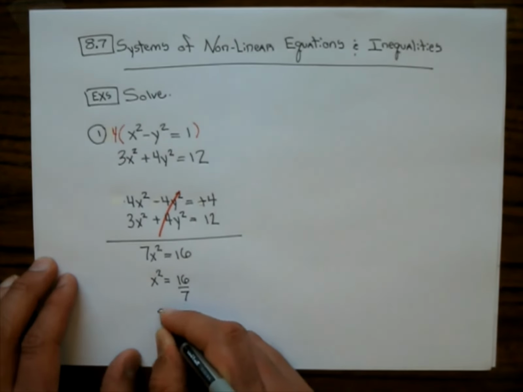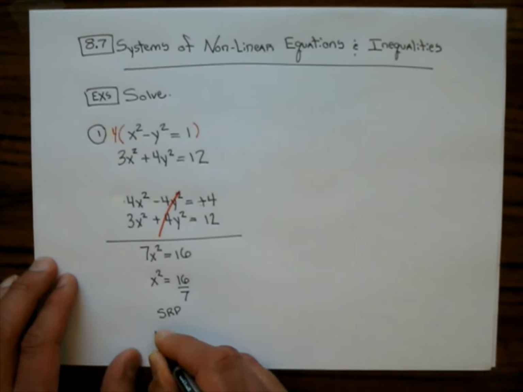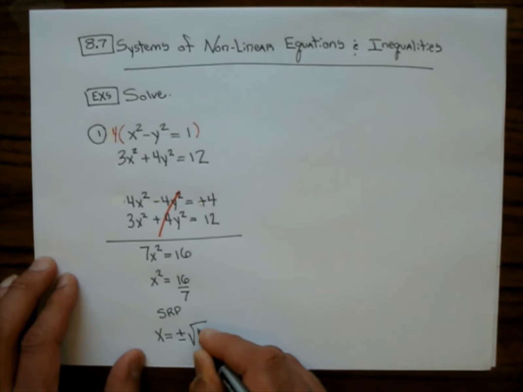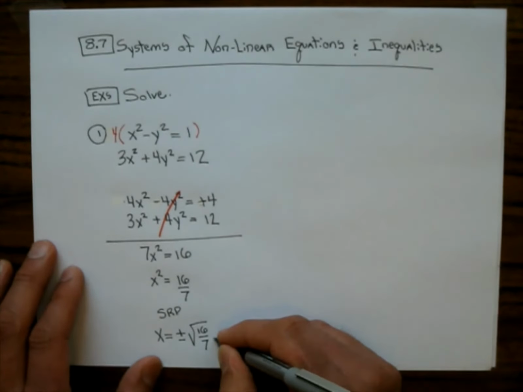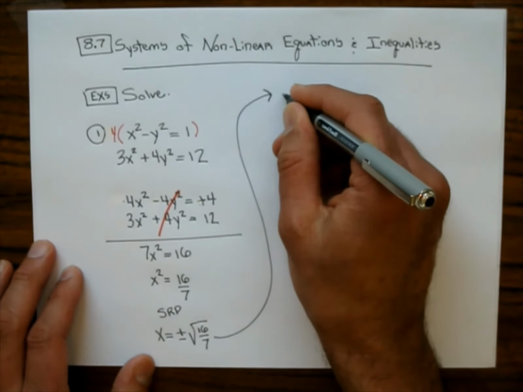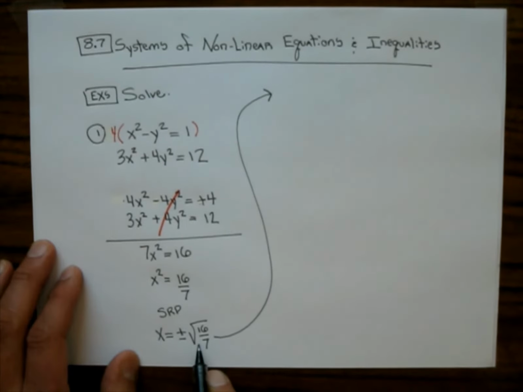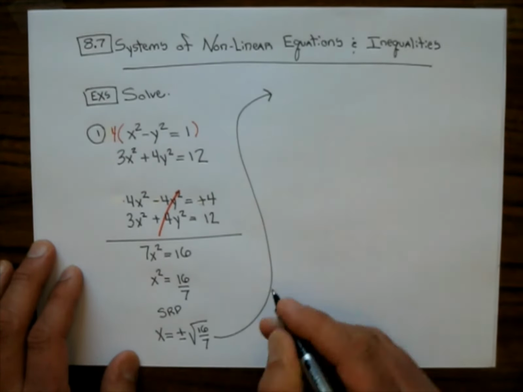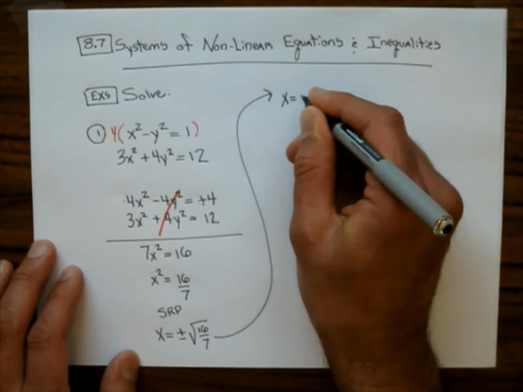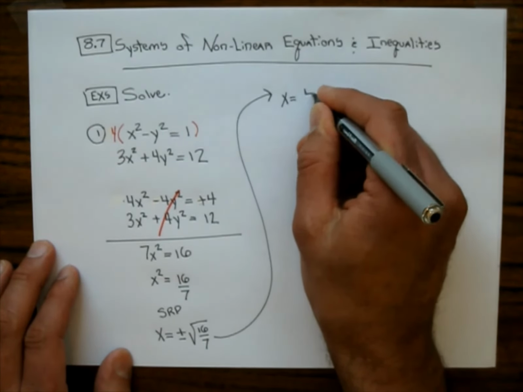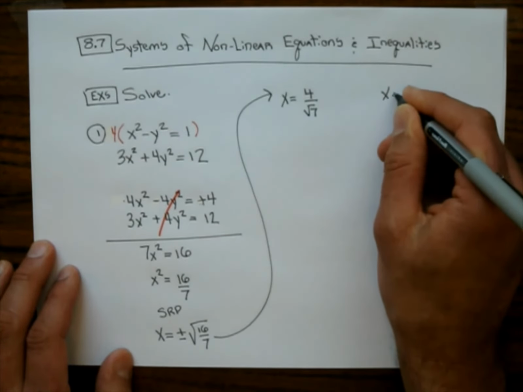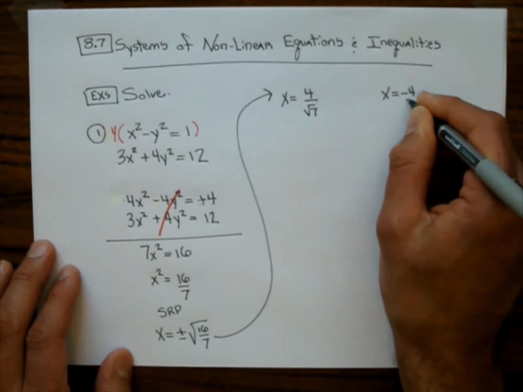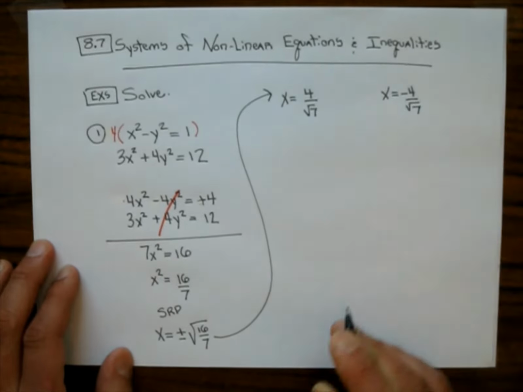Then I'm going to use the square root property, which gives me x equals plus or minus the square root of 16 over 7. This is going to give me two x values. The square root of 16 we can write as 4. So x equals 4 over root 7, and then x equals negative 4 over root 7.